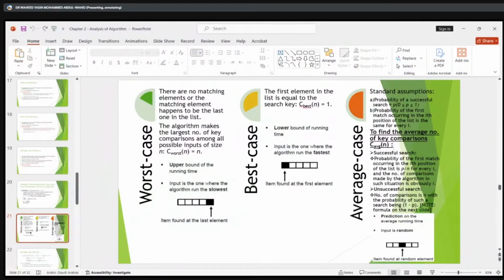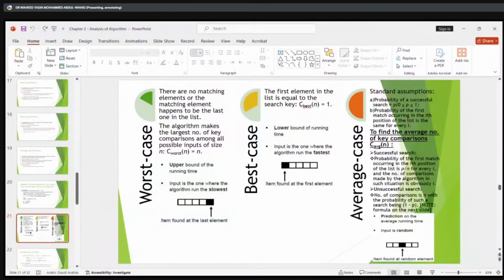Average case: the standard assumption is that the probability of a successful search is p, with 0 less than or equal to p less than or equal to 1. The probability of the first match occurring in the ith position of the list is the same for every i.